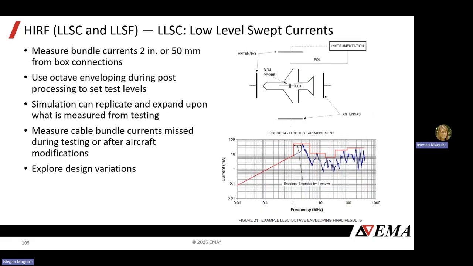For LLSC, low-level swept currents, you'll want to measure bundle currents 2 inches away from box connections, or whatever location is being used for testing, and use octave envelope in your post-processing to set test levels. As mentioned before, if you missed a bundle current in testing, you can go back and look at what it is in simulation, or you can re-simulate after aircraft modifications are made.